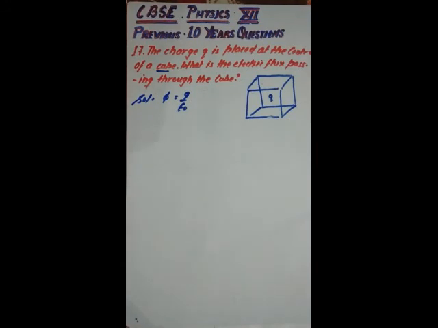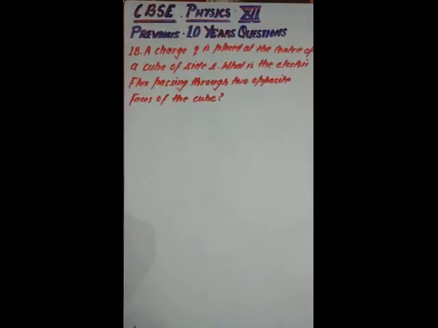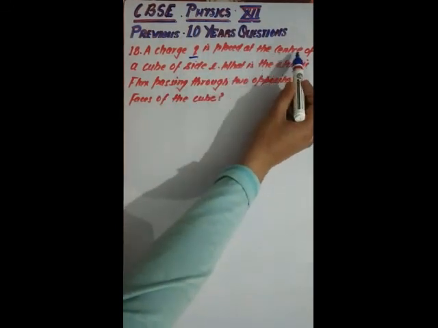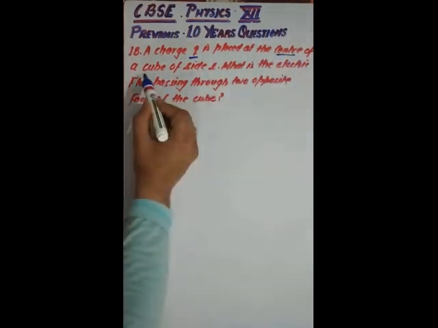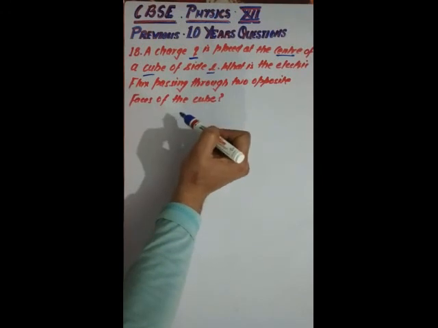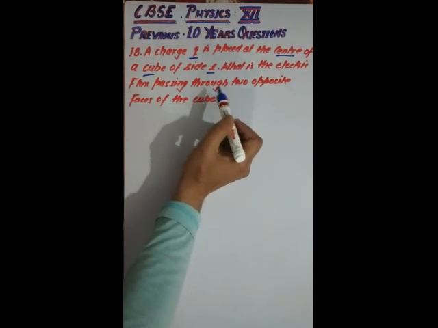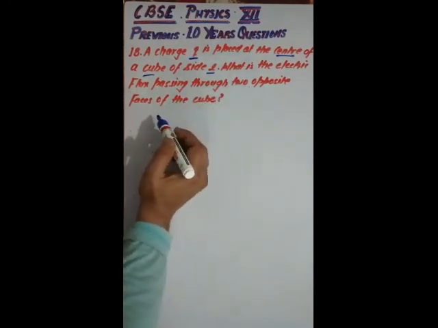The next question. A charge Q is placed at the center of a cube of side L. What is the electric flux passing through two opposite faces of the cube?